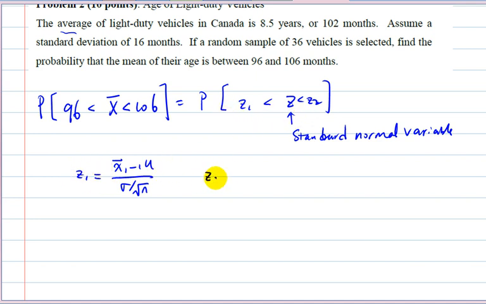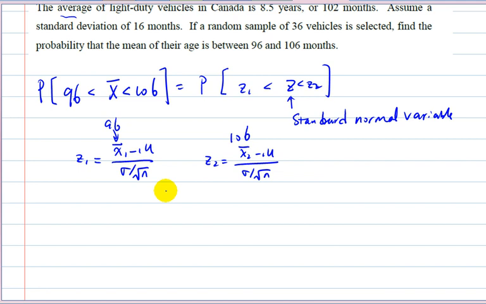Similarly, this is how you calculate z2. 96 is here and 106 over here. Mu and sigma are given, so you can get z1 and z2, and then make use of your z table to look for the probability.